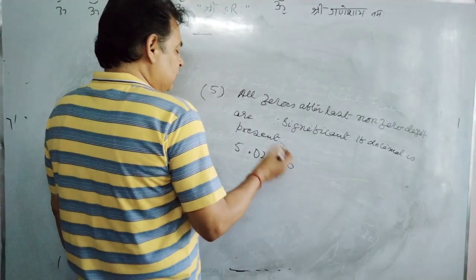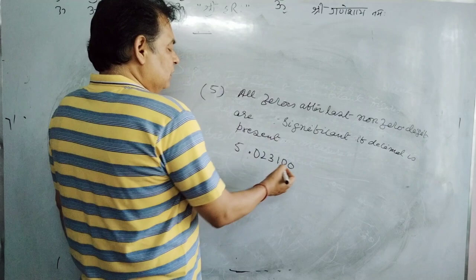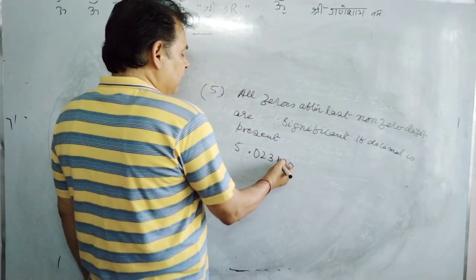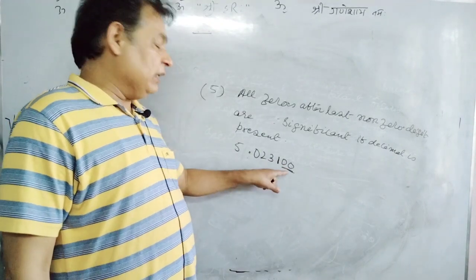So how many digits are here? 1, 2, 3, 4, 5, 6, 7. These two zeros are at the end after the last non-zero digit, but they are significant.